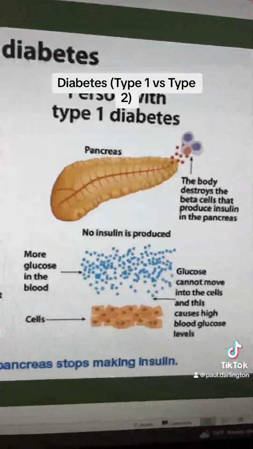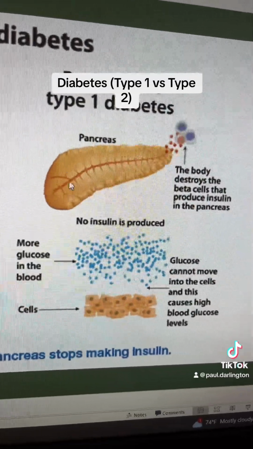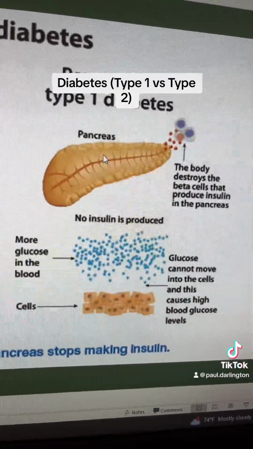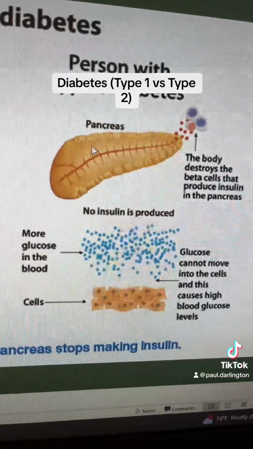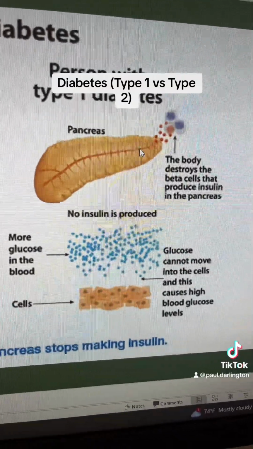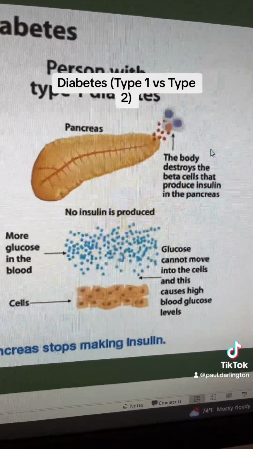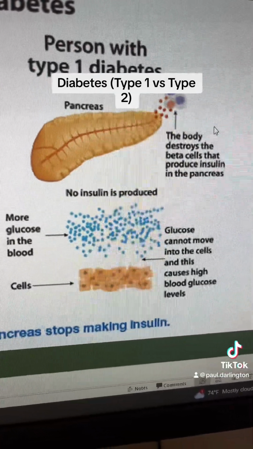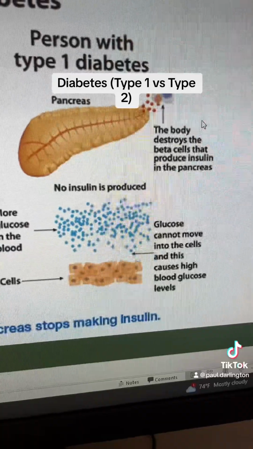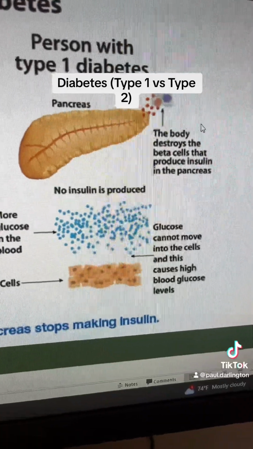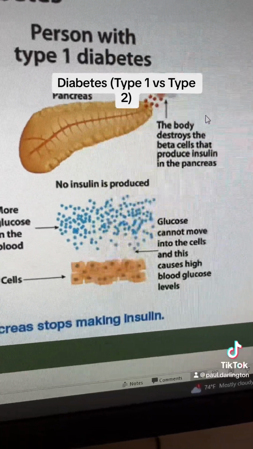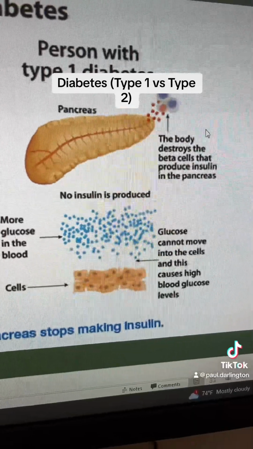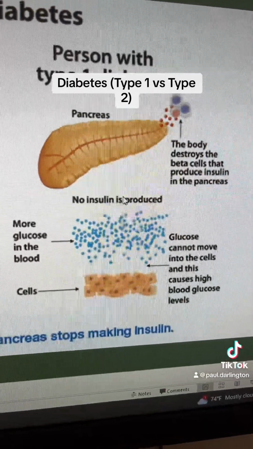Now, let's look at someone with type 1 diabetes. When we see a person with type 1 diabetes, the person has a pancreas. The problem is the beta cells of the pancreas, which are responsible for producing insulin, have been destroyed. It could be the body destroying its own beta cells. So what happens is that no insulin is produced.